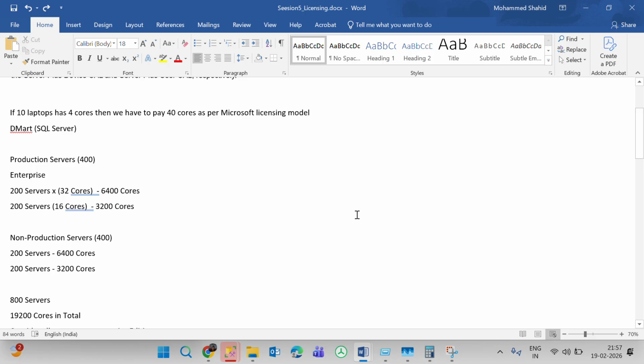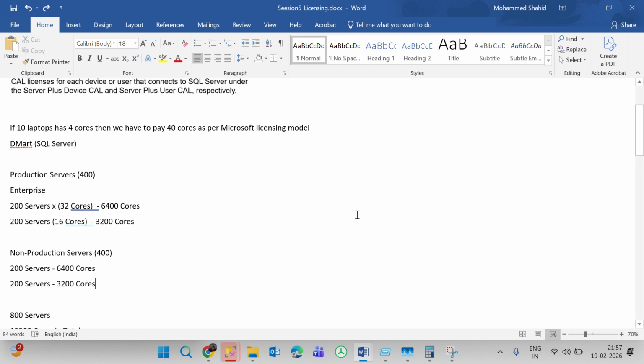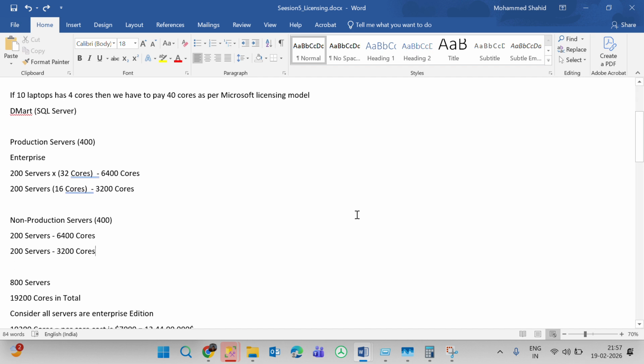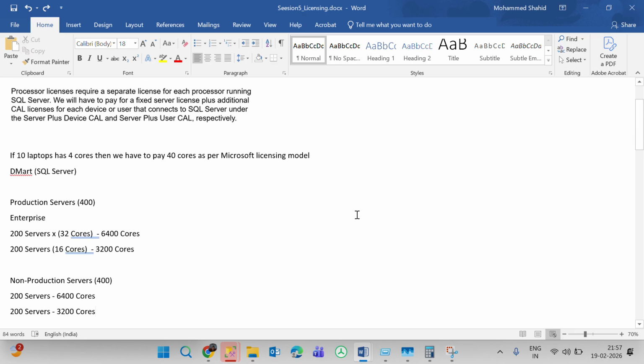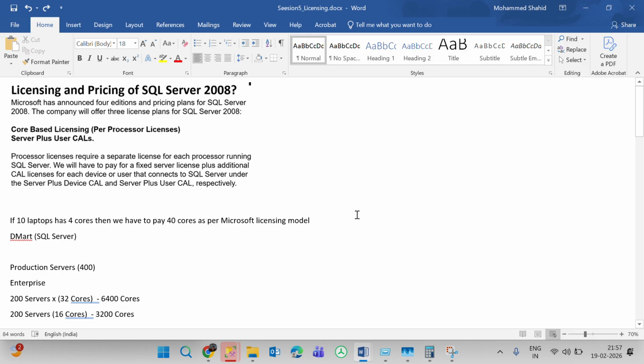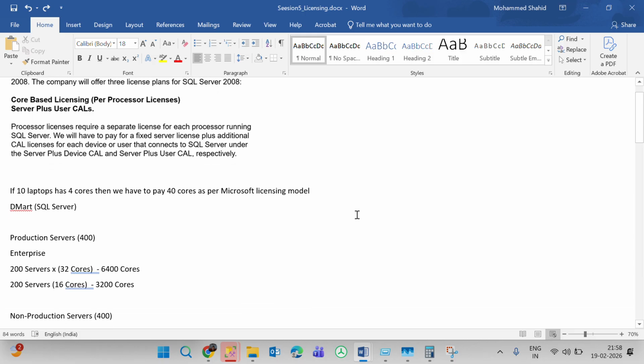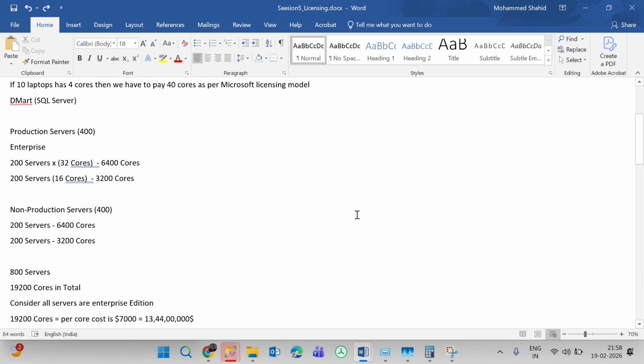Also, in Always On we have 8 secondary replicas plus 1 primary, 9 replicas in total, in enterprise edition. In standard edition we have basic availability groups. Whenever we need to implement HADR techniques with Always On availability, we need to go for enterprise edition only. Also, some application connectivity won't be supported in standard edition; that is, some third parties won't support it. In enterprise edition it supports everything. So enterprise edition costs more.